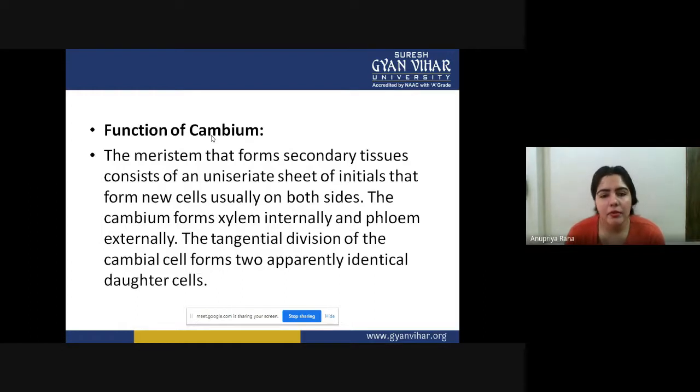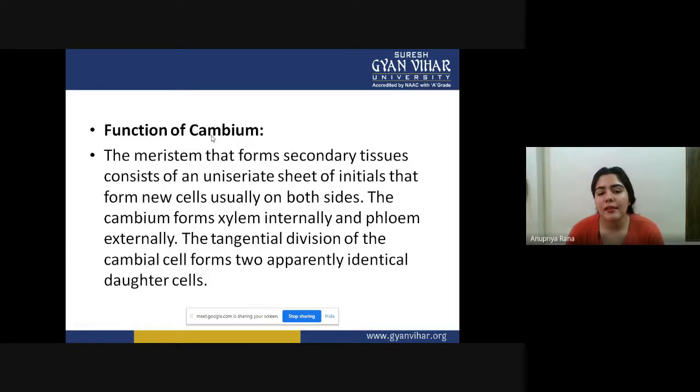The meristem that forms secondary tissue consists of a uniseriate sheet of initials that form new cells, usually on both sides. The cambium is fundamentally, or originally, made of meristematic cells which grow.